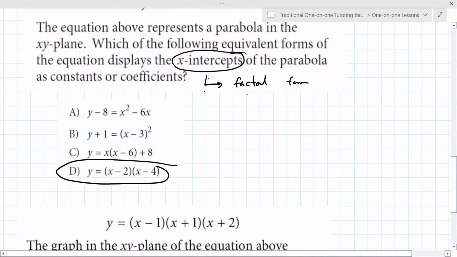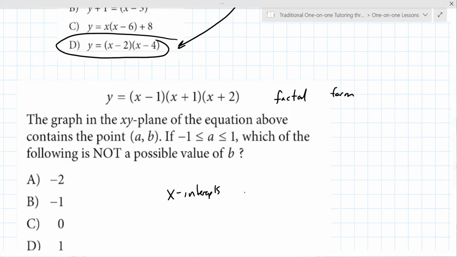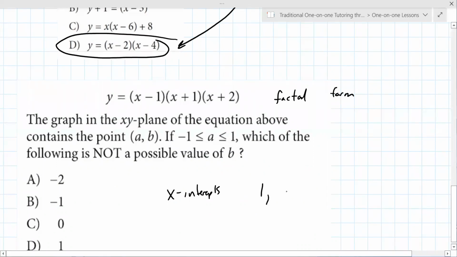Oh, factored form. Okay. Yes. So it actually doesn't matter how many factors it has. If it's in this form, it's in factored form. Can you tell me the x-intercepts? I know it's not asking for that, but could you tell me those from this? +1, -1, and -2. Good.